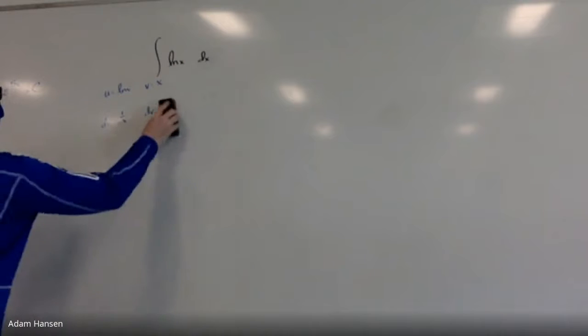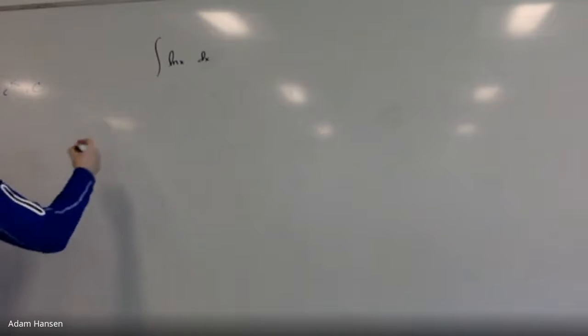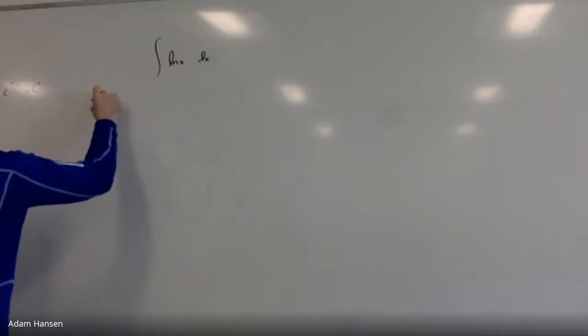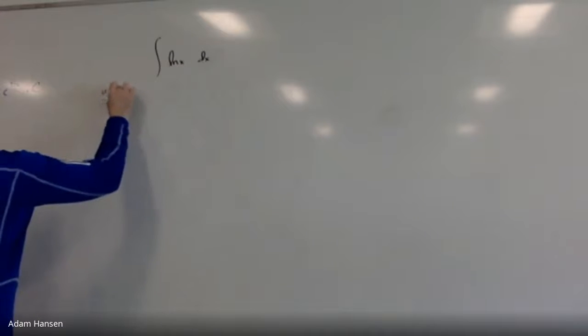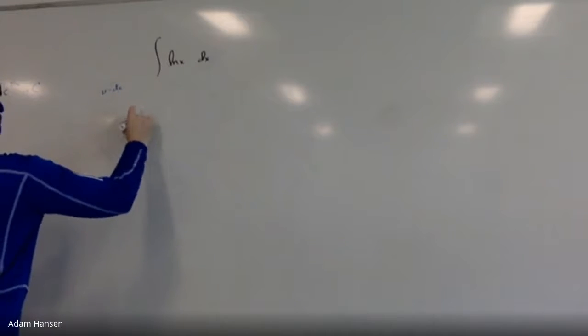Once again, say you didn't do it right the first time. Say you had u and dv substitution switched around. What if I said that u equals dx and dv equals the natural log of x?